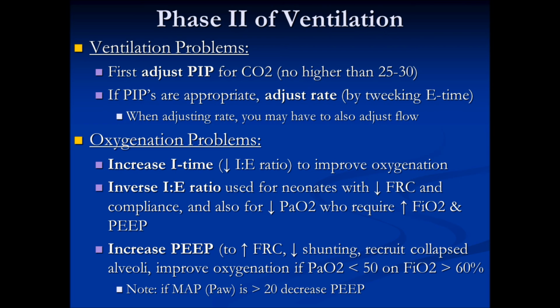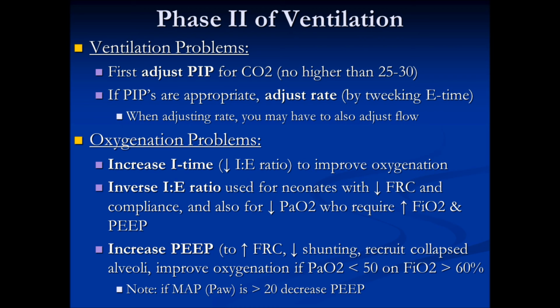So if PIPs are appropriate, so you got your PIP where you want it, and it's close to the high end of normal, say you got a PIP of 30, there's no sense in going up on the PIP unless you have an indication to do so, like stiff lungs or prematurity. So if that's not the case, then you're going to adjust the rate.